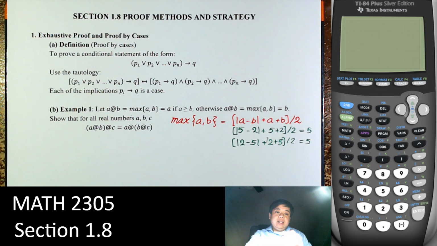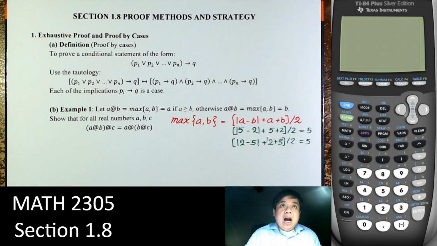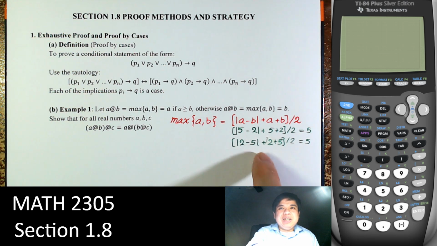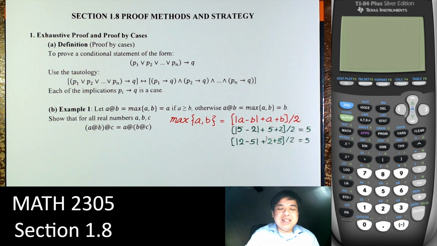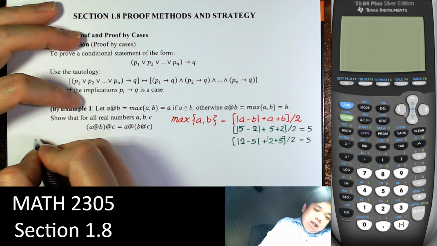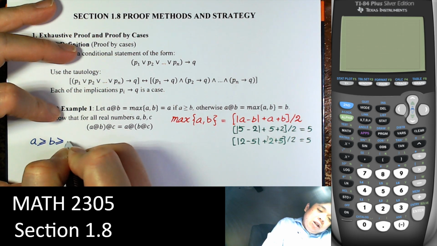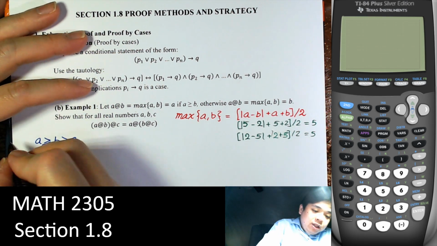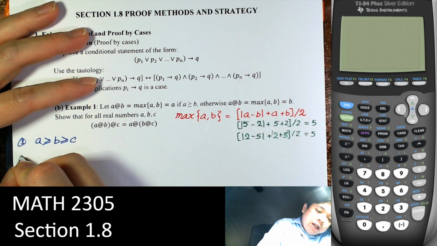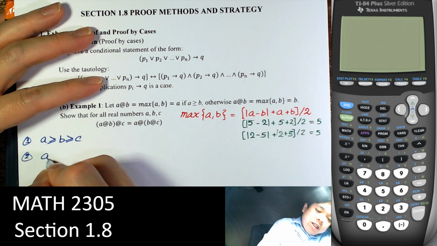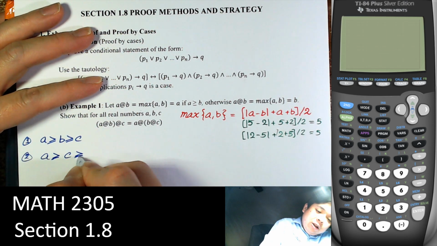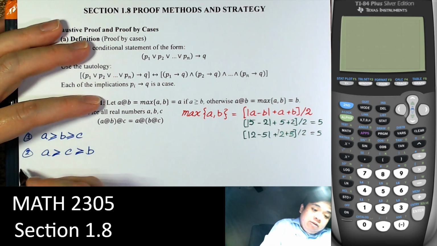So that's good. However, when there are 3 numbers, we cannot really write something like that. It will be a lot more complicated. So in that case, let's just look at different scenarios. Suppose A is greater than or equal to B, which is greater than or equal to C. That's case number 1. Case number 2, we can say A greater than C greater than B. So we put A first.